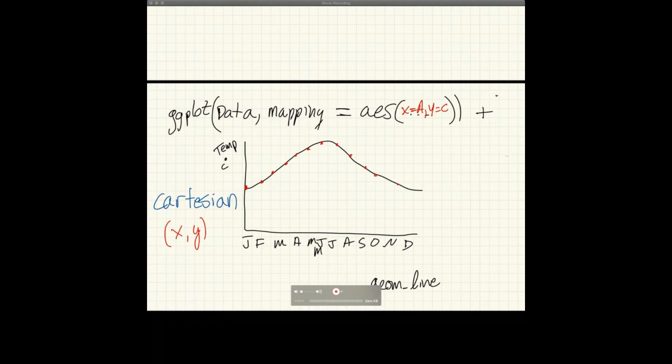I know that that's not matching up exactly, but just go with me for a moment. The polar coordinate system encodes positions instead of as an X and Y as a radius and an angle, sometimes called theta.